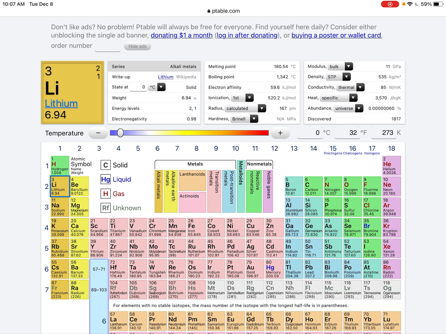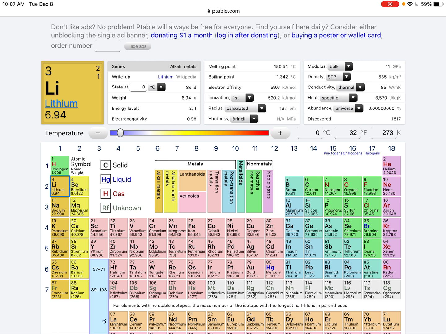Now it's very important that I'm telling you this. When you are doing calculations that are not involving specific masses, let's say we were just going to say lithium, and we're looking at how many protons, electrons, and neutrons are in lithium, you would take this atomic mass and round it to a whole number. So 6.94, I'm going to now make that a 7.